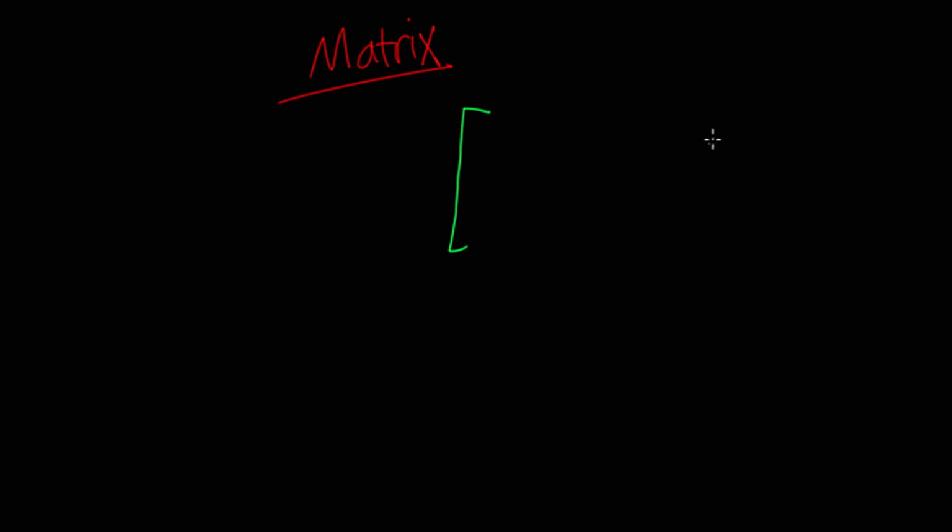Suppose it is in square brackets or curly brackets. If some elements are arranged, I'm not giving the numbers of the elements because, for better understanding, let these be some elements. If we arrange numbers in a rectangular shape, then this will be called a matrix.